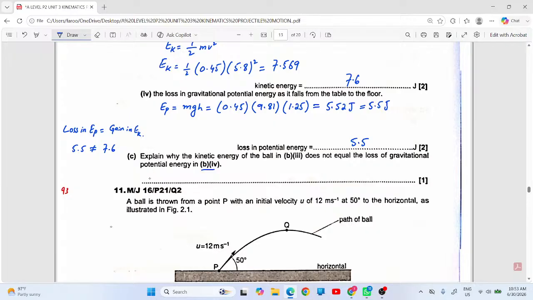The ball has been provided initial kinetic energy when it leaves the table.